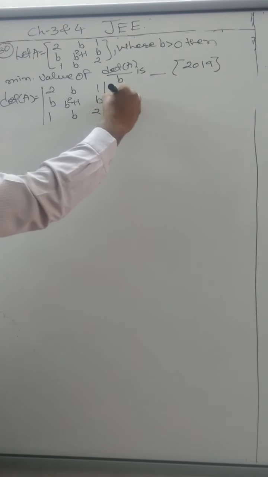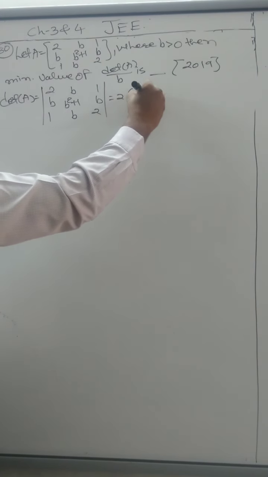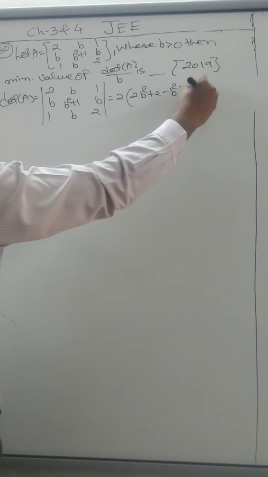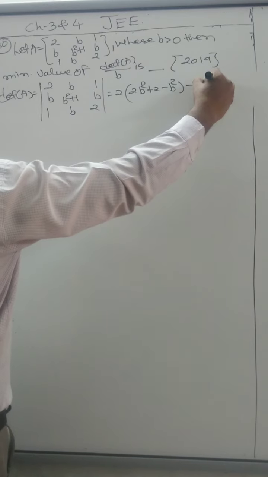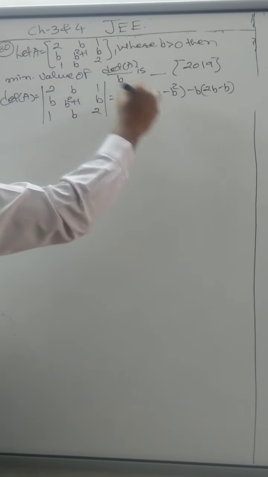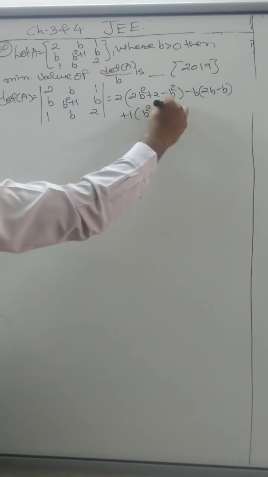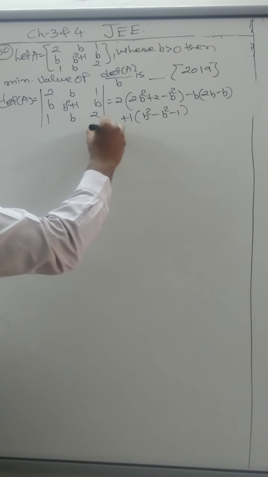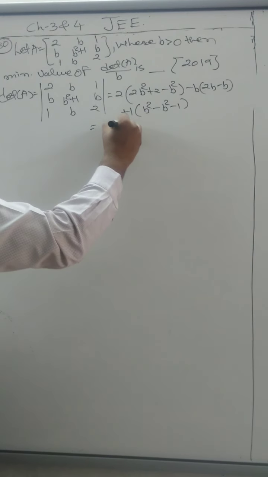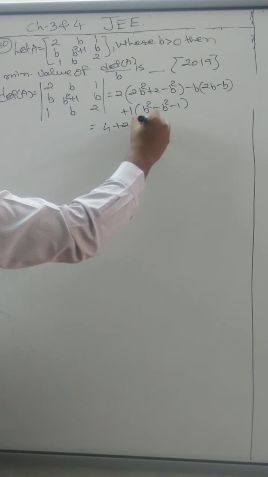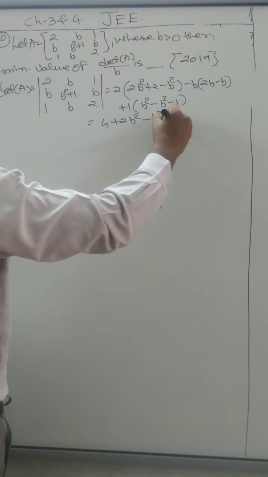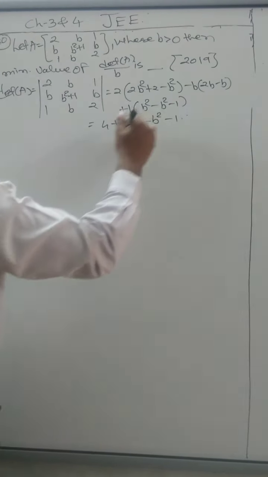Now here we simplify, then we get 2b² + 2 − b² − b, 2b − b + 1, then b² − 1, which is equal to 4 + 2b² − b² − 1.